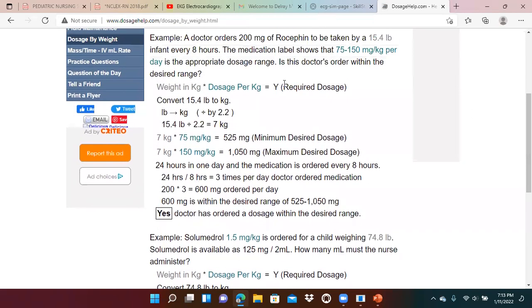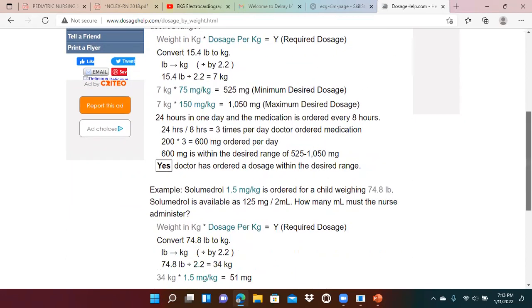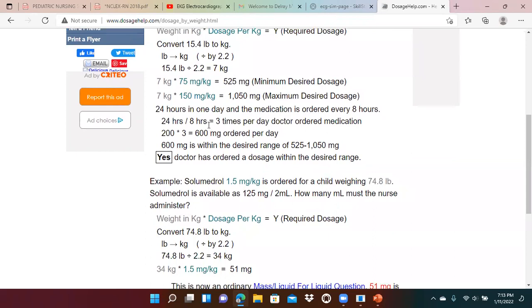In this question, you say every 8 hours. So the total dose is supposed to be divided by 8, 3 times per day the doctor orders medication. So 200 times 3, 600 ordered total dose, right?